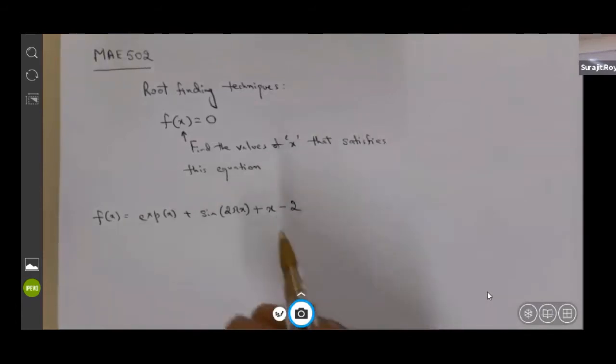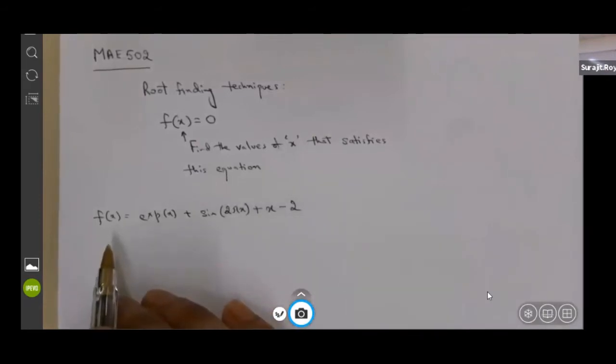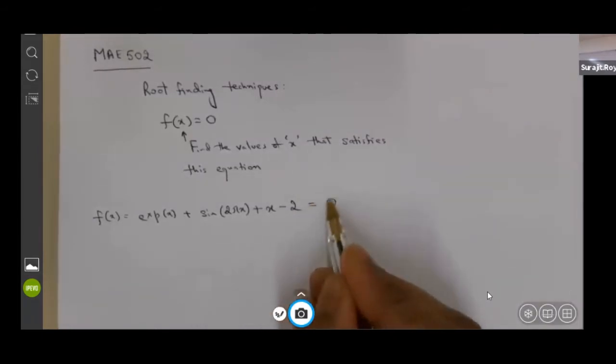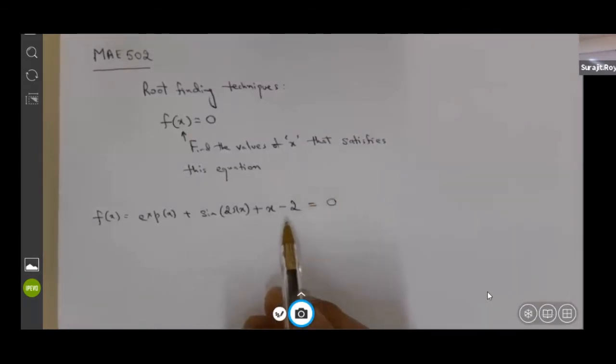So in those situations, you need to find the roots of a function. And here it is a nonlinear system. So we are trying to see what numerical techniques are available to us to solve this system where f(x) equals 0 can be solved for specific values of x.